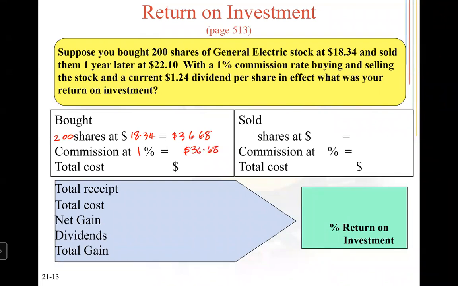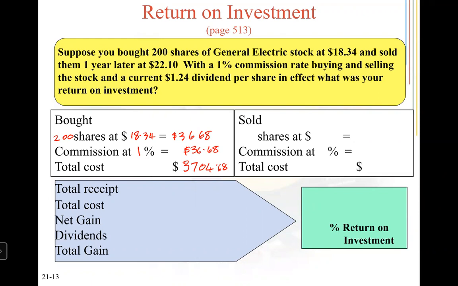And then the total cost would be 3,668 plus the $36.68, and that would be $3,704.68. Okay, thank you. All right, thank you, Ms. Roll. So that's how much we paid when we put in the commission for those shares, $3,704.68.